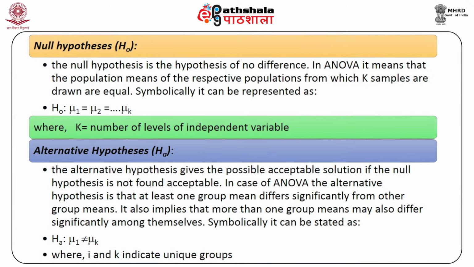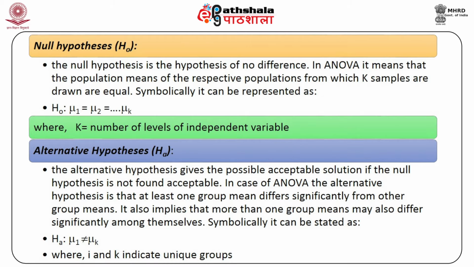Hypothesis for one-way ANOVA. Null hypothesis H0: population means from which the k samples are selected are equal, or each of the group means is equal. That is, H0: mu1 = mu2 = ... = mu k, where k is the number of levels of the independent variable.